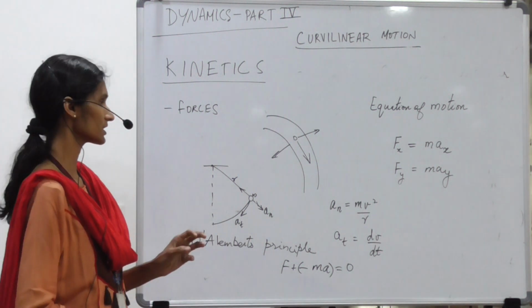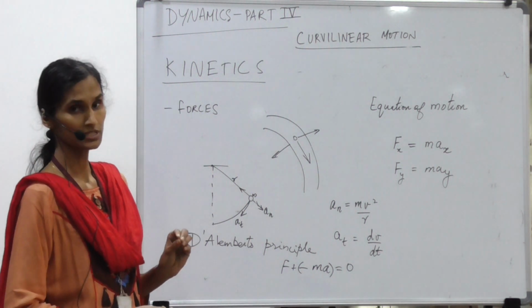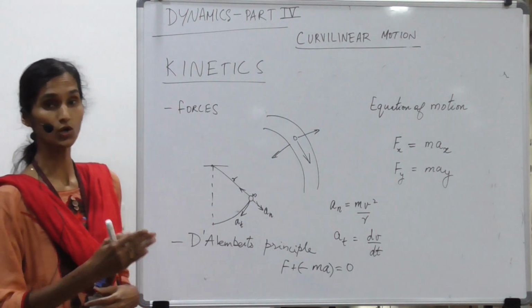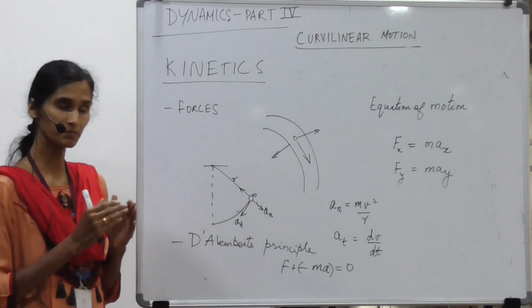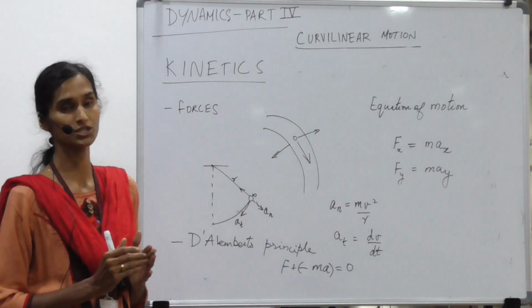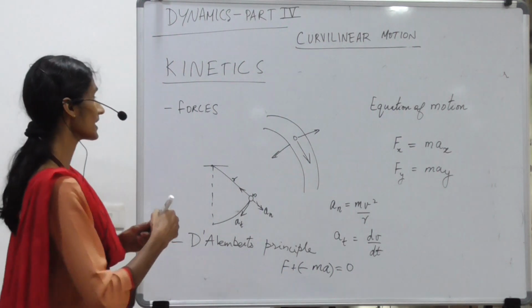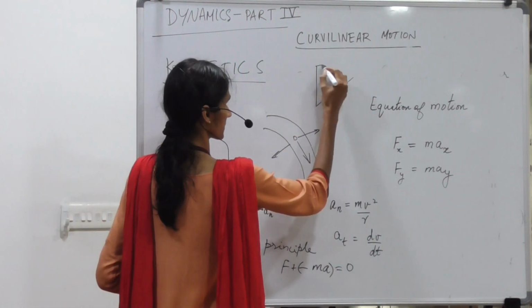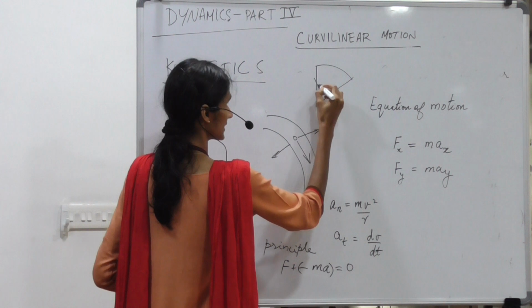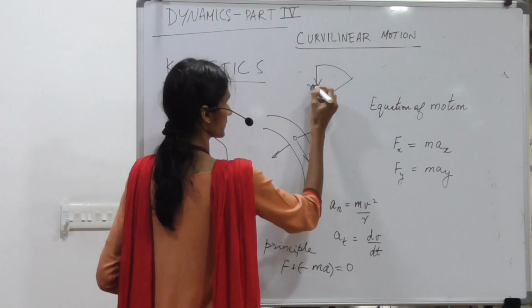Now, this velocity is the tangential velocity, but at the same time there is another component of the velocity which is acting normal to it, that is, perpendicular to this tangential velocity, or acting along the radius of the path.